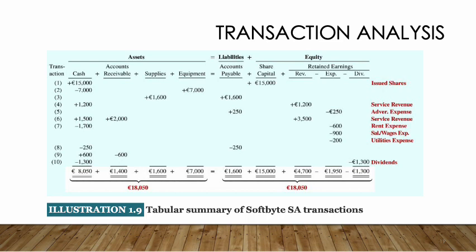And remember, for each transaction that we analyzed, there were two impacts on the accounting equation, and at all times, the accounting equation balanced. And so just as a check and balance, that's what you should be looking for when you start to analyze transactions.